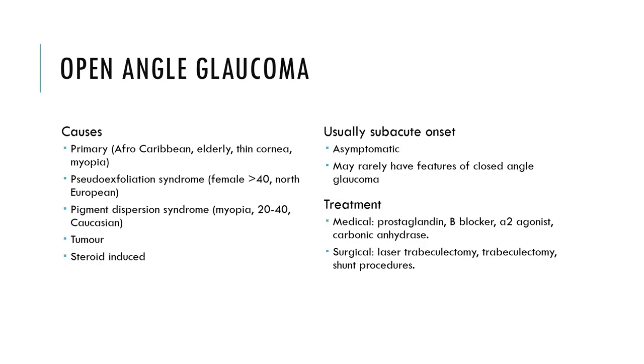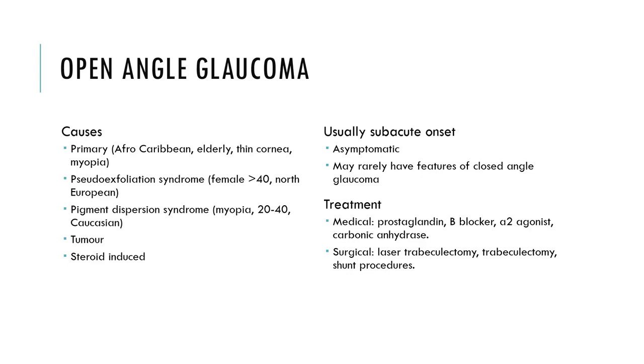As I said earlier, it presents with a usually subacute onset and is mostly asymptomatic. It may rarely have the features of closed-angle glaucoma as well. The treatment is like any chronic illness. There's a period of counselling, and compliance should be assessed. Treatment can either be medical or surgical.